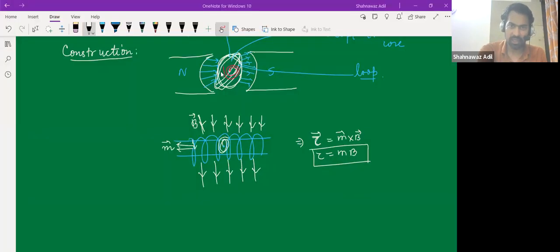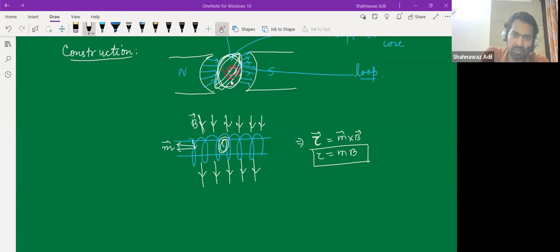In the upper diagram, this is the cylinder. I have written it horizontally, but the cylinder is rotating like this, so the spring is stretching. If the spring is stretching, it will turn back toward its initial position.